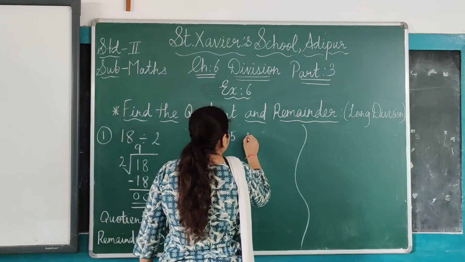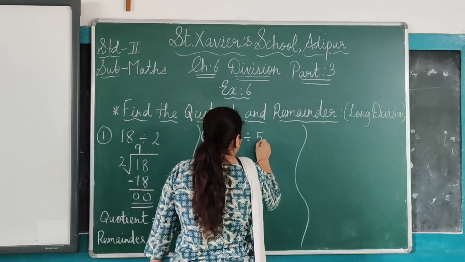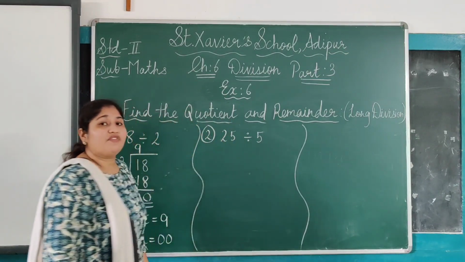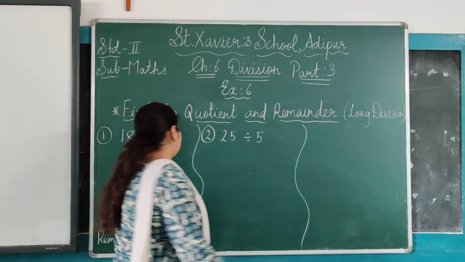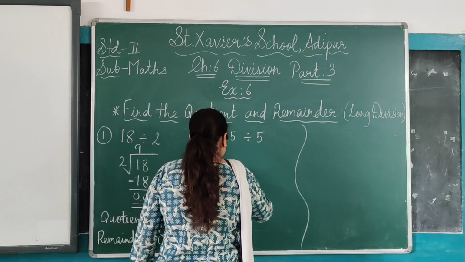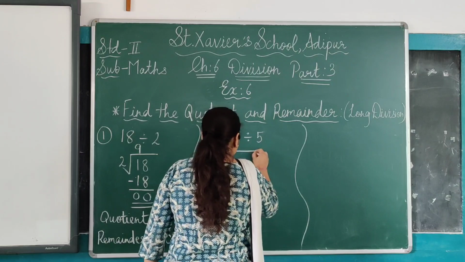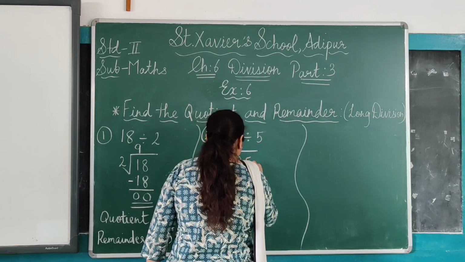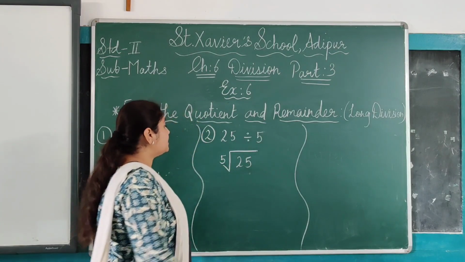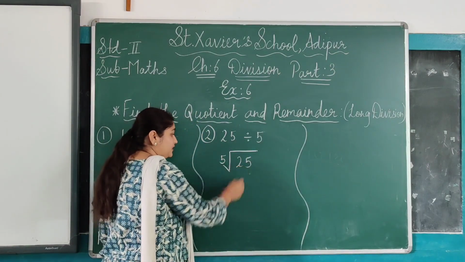25 divided by 5. Right? 25 को किससे डिवाइड करना? 5 से करना है. Okay, so let us understand this. 25 divided by 5. Now my dear students, in the table of 5 25 आता है?